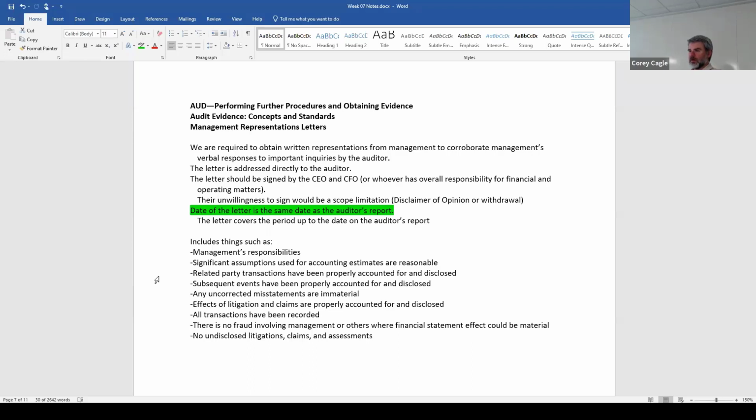So it's going to have a big mishmash of things. They're going to sign off on a lot of things. Our estimates are reasonable. We have properly disclosed related party transactions. We have properly accounted for subsequent events.